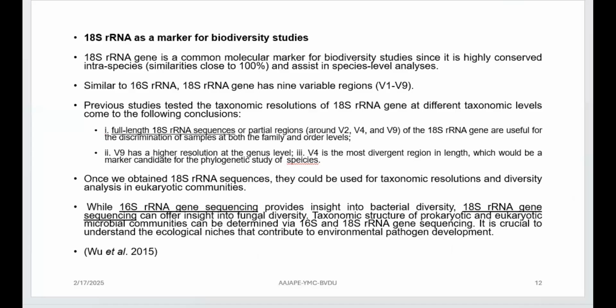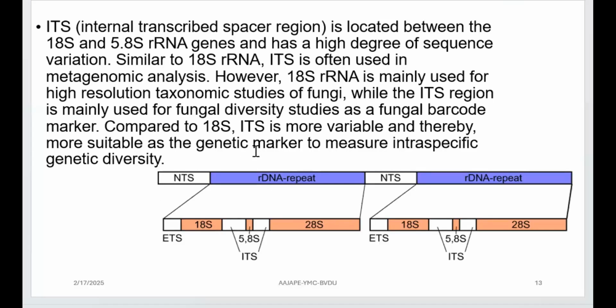That is one concern. Another is ITS regions, which are used for genomic analysis and clustering or taxonomic position of fungi and higher organisms. They are used for metagenomic analysis. 18S rRNA is mainly used for resolving taxonomic studies, while the ITS region is mainly used for diversity studies, right?